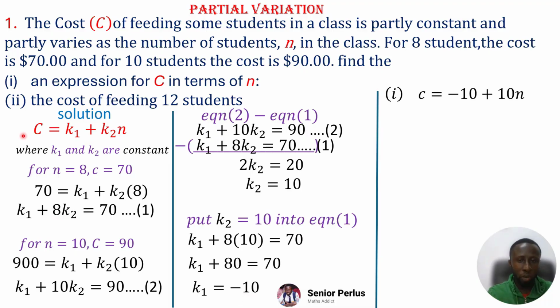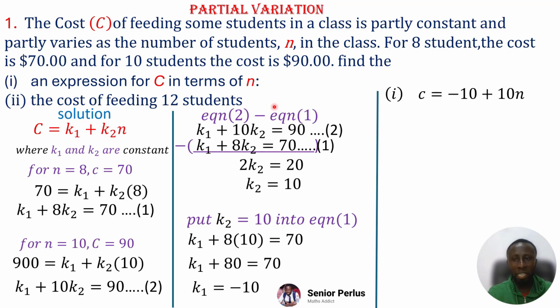I substitute these into the given equation, so k1 is 10 and k2 is 10. That's the expression for C in terms of N. Next, the cost of feeding 12 students.